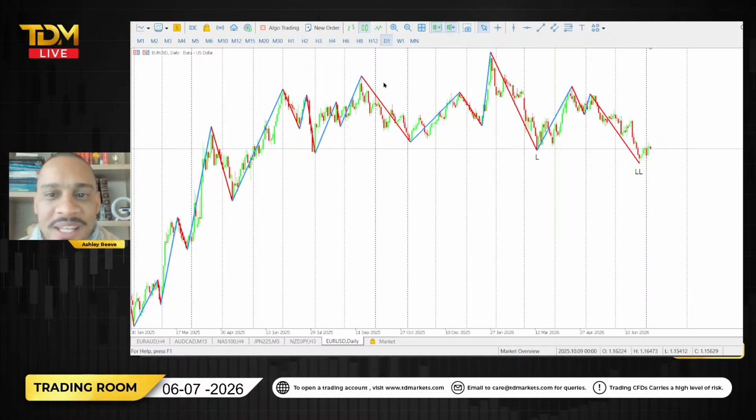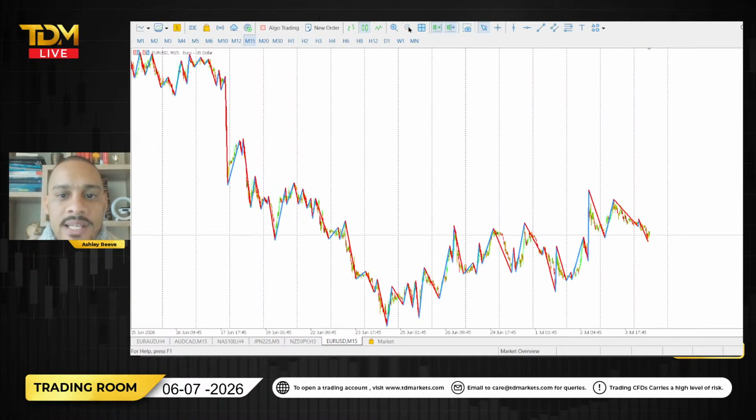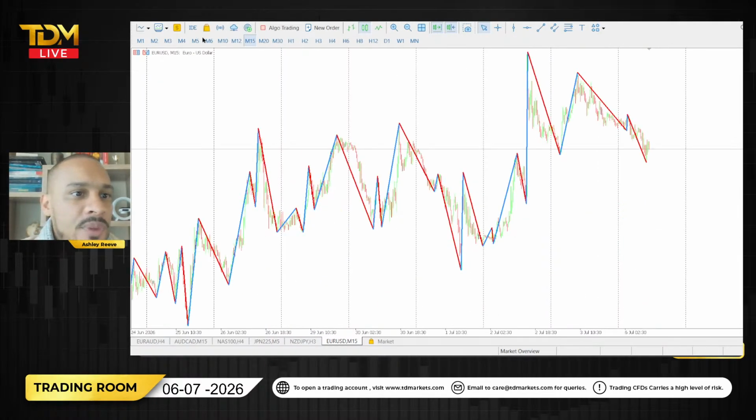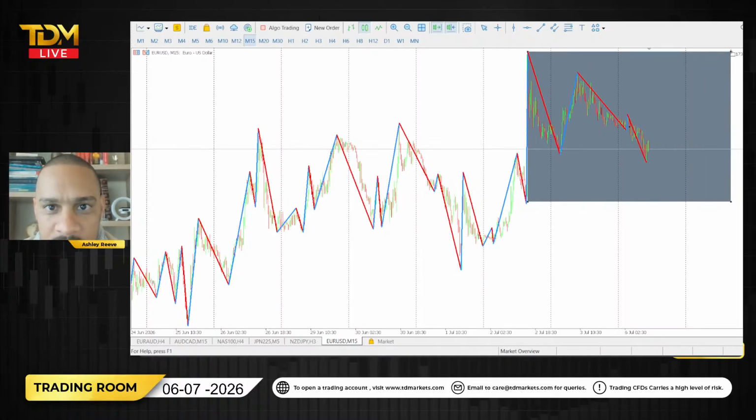So here we go. Let's start off with moving from the inside out, and I'll start off with the 15-minute frame here so you guys can see where I'm at. This low and that high is pretty important, because we have price moving sideways after it leaves that low and touches that high.